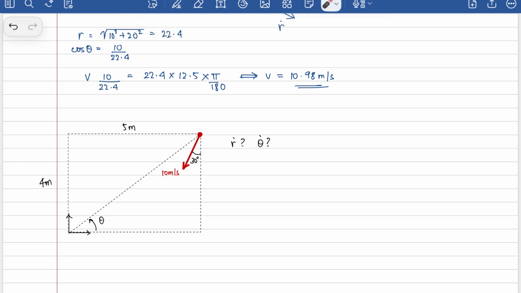In this case, we're given the speed, we're given the angle, and the question asks you what will be r dot and theta dot. So as this particle is moving in this way, how will this r change? And as it does so, how is theta going to change?